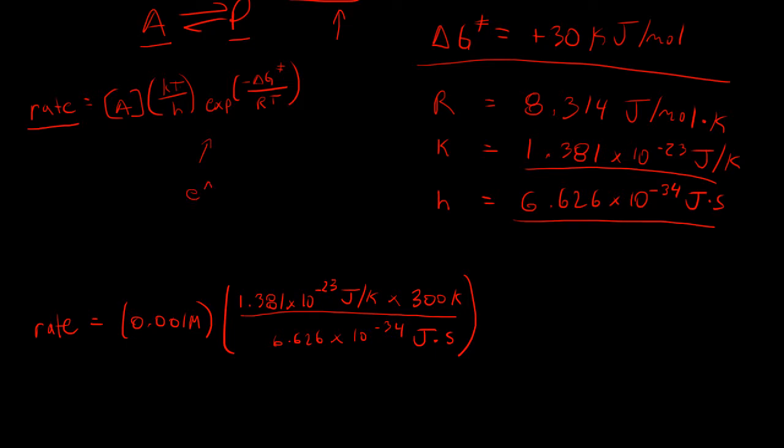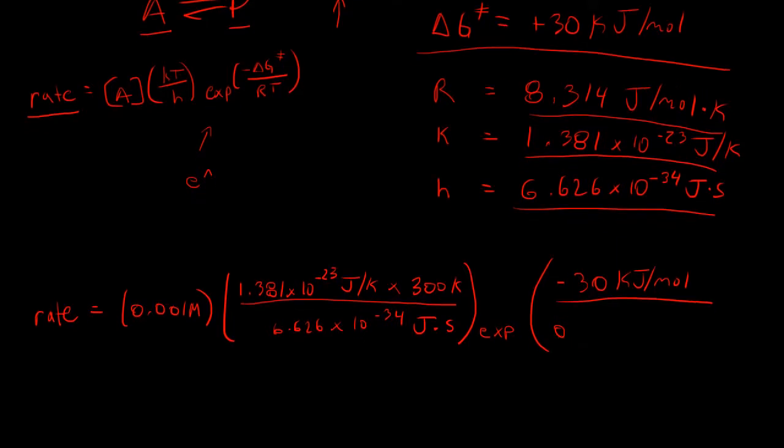So we're taking e to the power of negative delta G double dagger, e to the power of negative now 30 kilojoules per mole over R, again, our ideal gas constant, 8.314 joules per mole Kelvin, times our T again, which was 300 Kelvin once again.